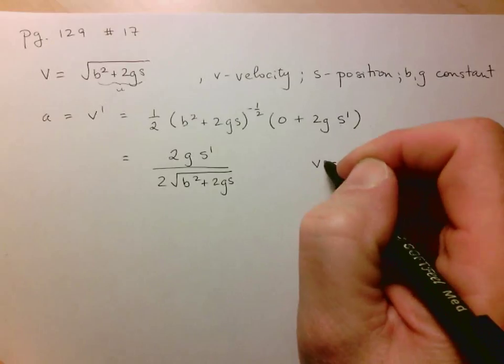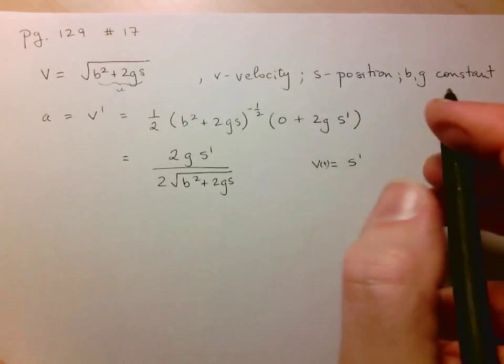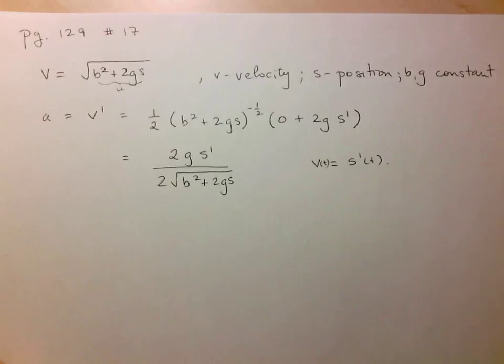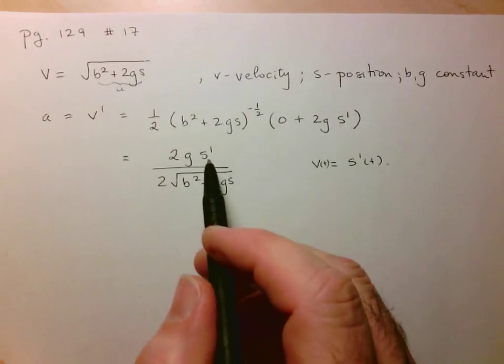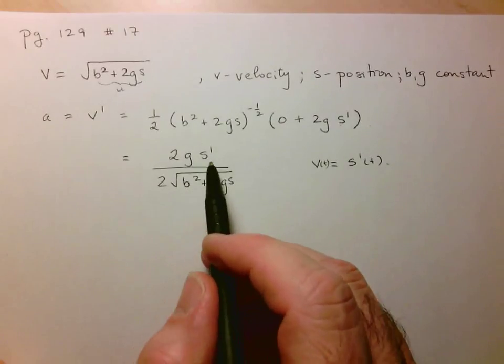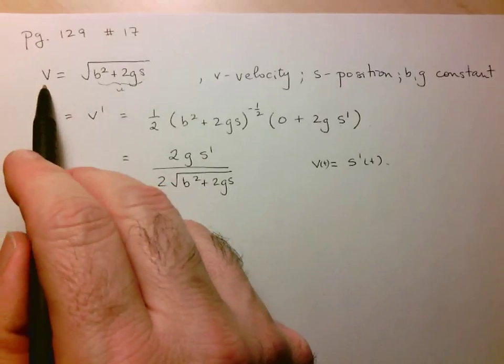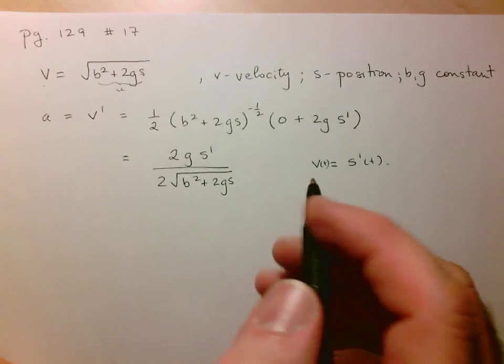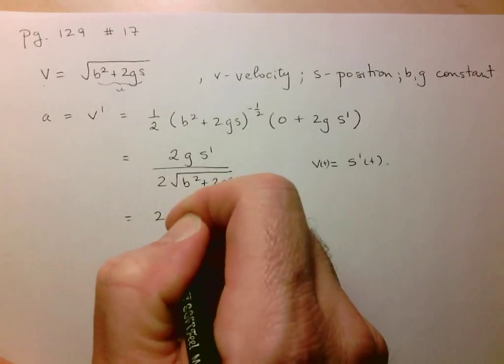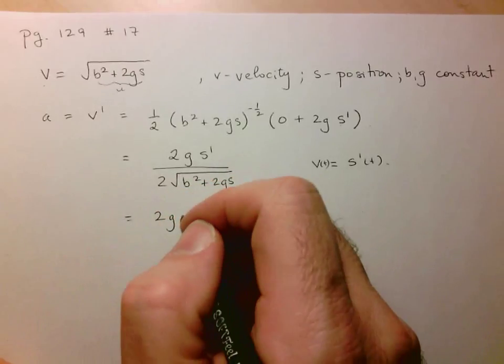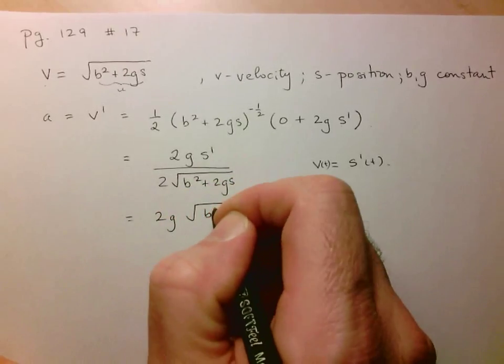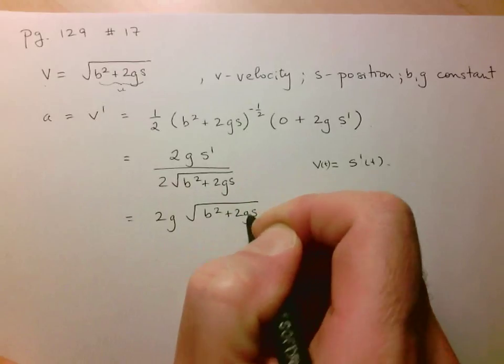So v at t, if we want to think of it that way, is just the derivative of the position function. So what I'm going to do now is replace s prime, which is the same as the velocity, by this original expression. So we've got 2g times the velocity, which is the square root of b squared plus 2gs.